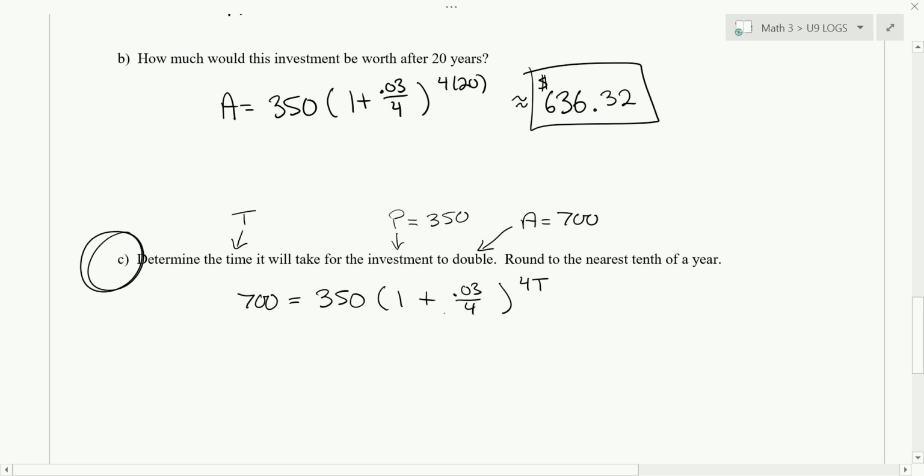Okay, so I'm going to, we could do 0.03 divided by 4 plus 1. What did that come out to be? 1 point something. Okay, so I think that's a great idea.